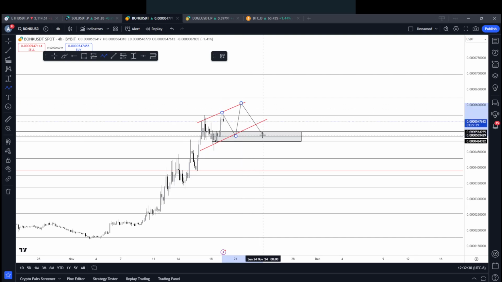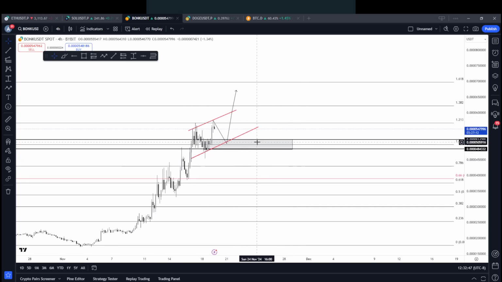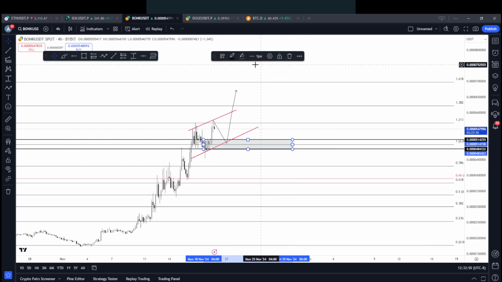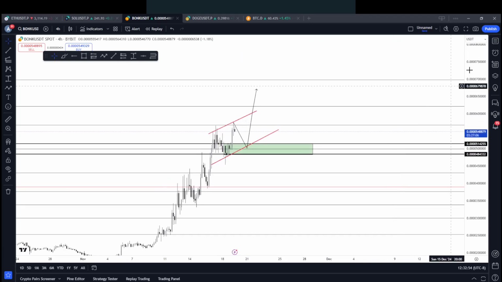I don't know if we dump from here or continue up, but when you see these channels, the breakout and the retest of the channels are going to be big. Pepe had it, Dog with a Hat had it, but we could be forming something like this. So I'll put this here. I'm going to make this buy zone green. If you're colorblind, I'm sorry.